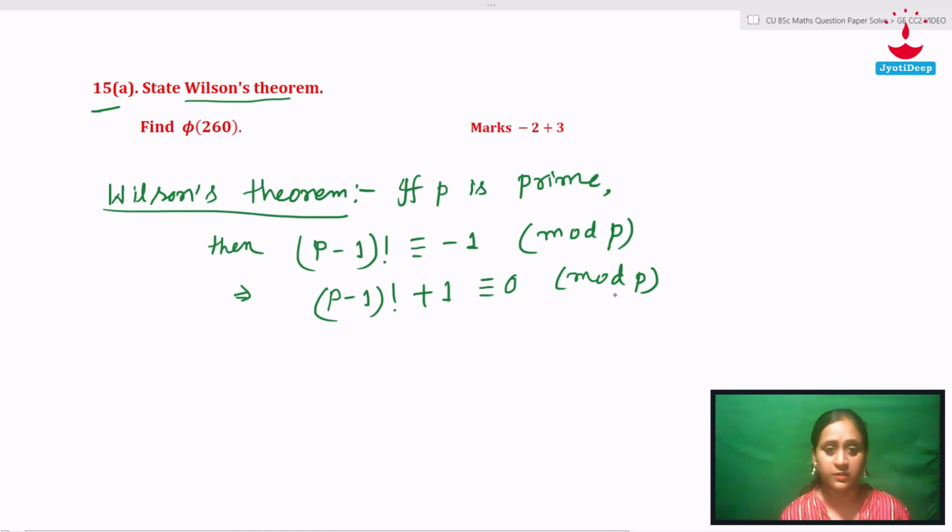This is Wilson's theorem. Now we have to find phi of 260. So how will we find phi of 260?